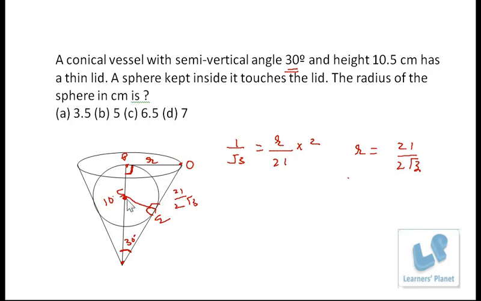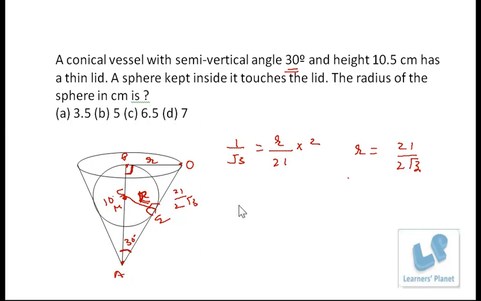Okay, now in this triangle, suppose this is MQA, we can find out the relationship between, this is suppose capital R. So the relationship between R and AQ we can also find using the same trigonometric relation. This is perpendicular, this is base.